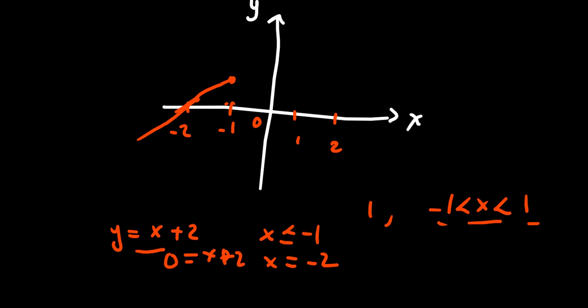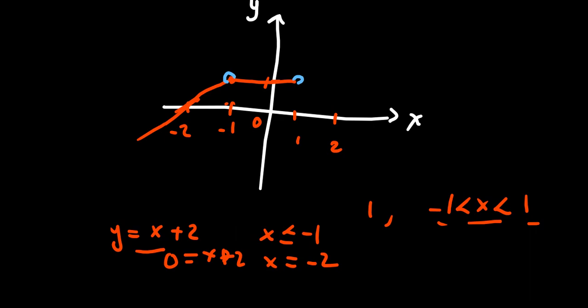So we start from where -1 is, and every x in between gives us 1. So this goes through there like that. Where -1 is, it is open, so we make an open symbol there, and at 1 it is also open, so I make an open symbol like that.